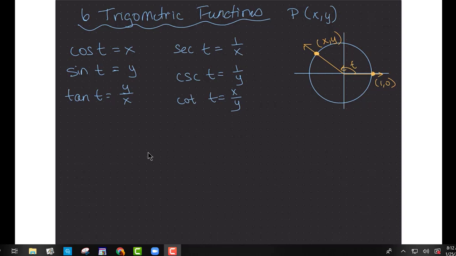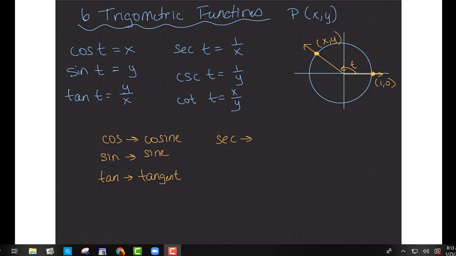So we can write these out. COS is our cosine. SIN is our sine. TAN stands for tangent. Good job. SEC, it's not the football like the Southern Division.